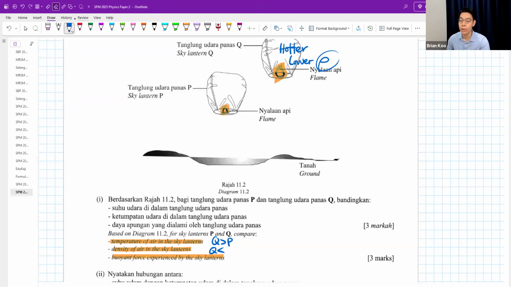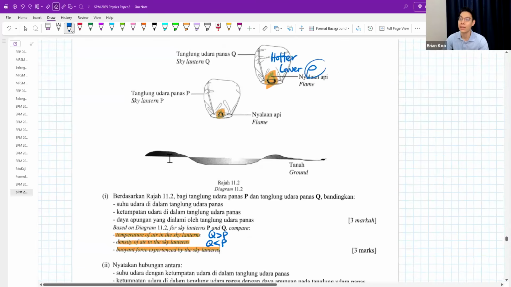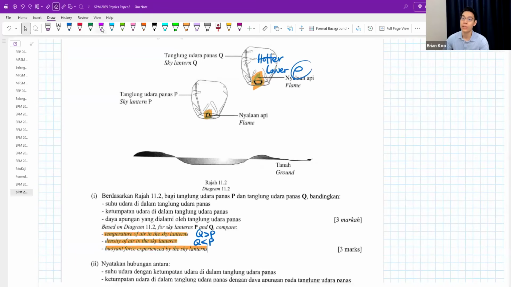So Q is lower density than P. Then the buoyant force experienced by the sky lantern, Q has more buoyant force. Okay, Q has more buoyant force. That's why it can fly higher.